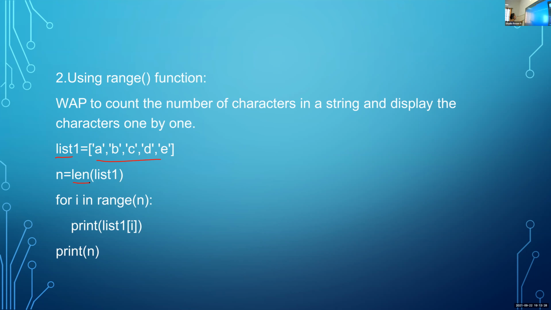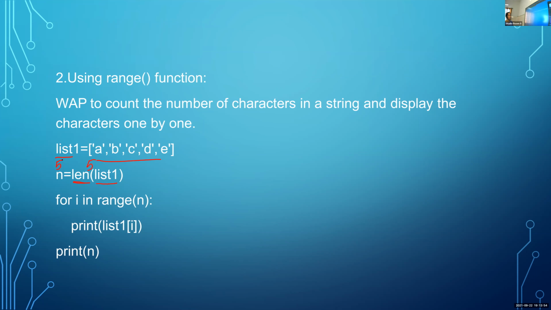So this len is a built-in function that will count the total number of elements present in list1. List1 means A, B, C, D, E. From that list, this function will count how many elements are there. Here 5 elements are there, so the result is 5. That 5 is assigned to n.